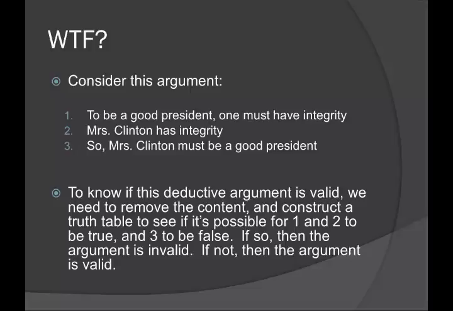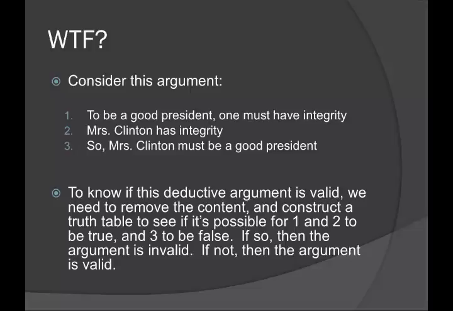If that can't be the case, then the argument is valid. Then the premises, if true, would guarantee the conclusion. How could that be? Well, if it's not possible for the premises to be true and the conclusion to be false, then the only possibility is for the premises to be true and the conclusion to be true, which means that the premises guarantee the conclusion. Rewind that back if you need to.